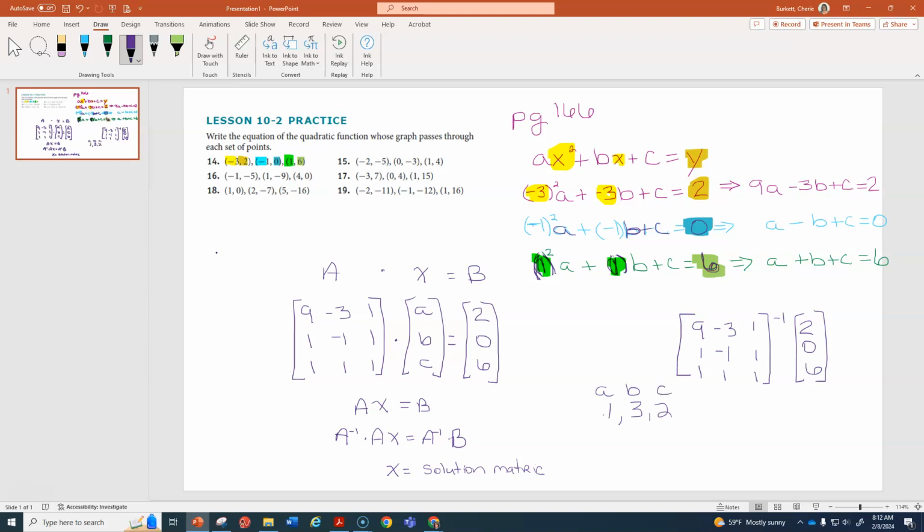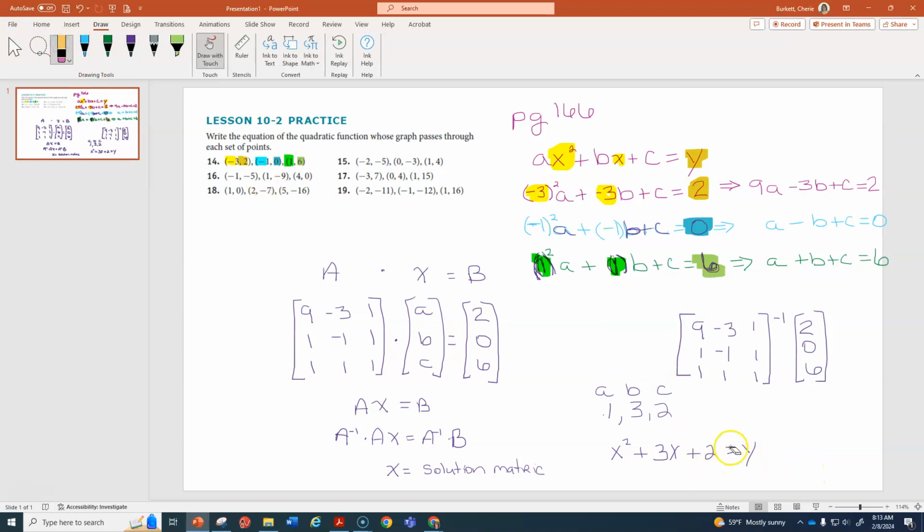So my equation is A, which is 1, x squared plus bx plus c is equal to y. And of course, you could rewrite that, put the y in the front like we normally do.